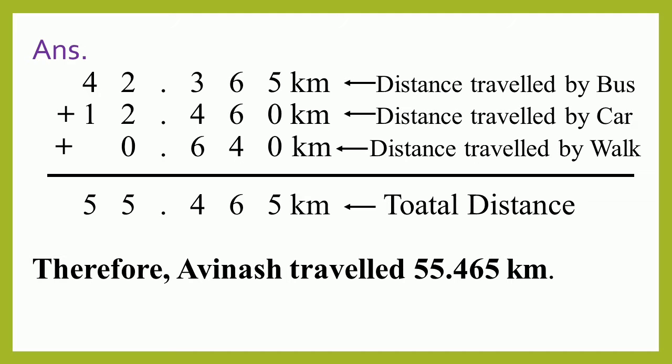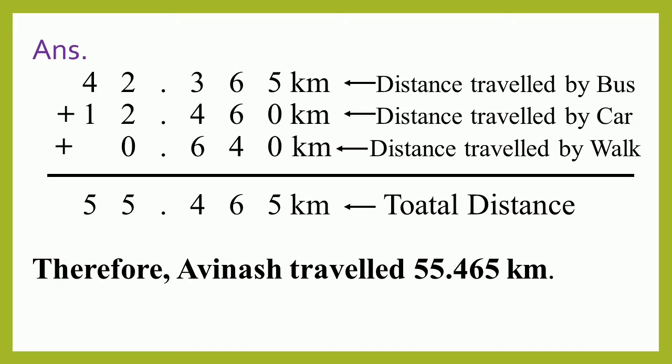Since we want the total distance covered by Avinash, we add all three numbers. First we put the points in the same line and we start addition as normal addition. So 5 plus 0 plus 0 is 5. 6 plus 6 is 12, plus 4 is 16, carry 1. Then 3 plus 4 is 7, plus 6 is 13, plus 1 is 14, again carry 1.